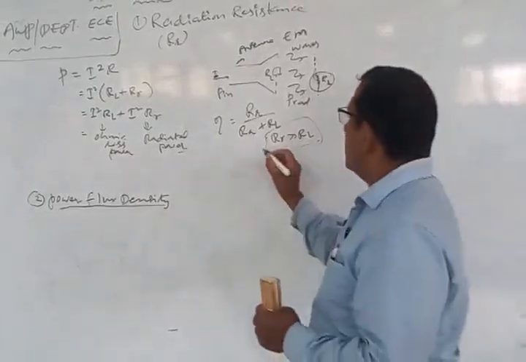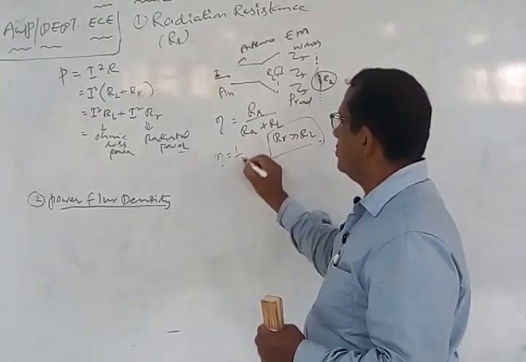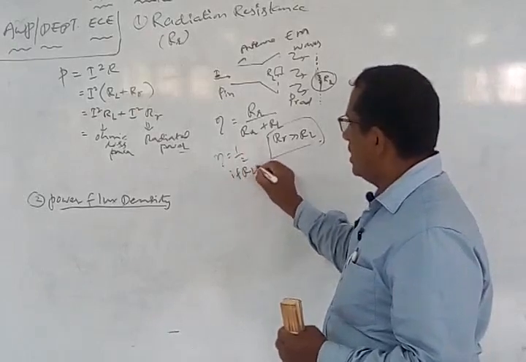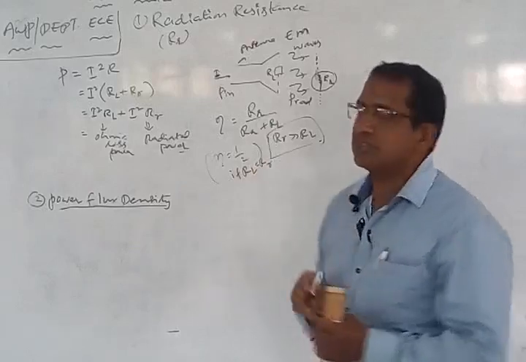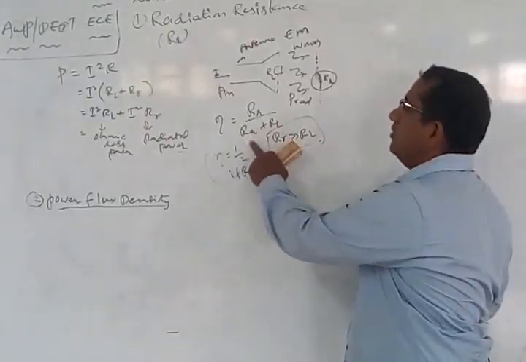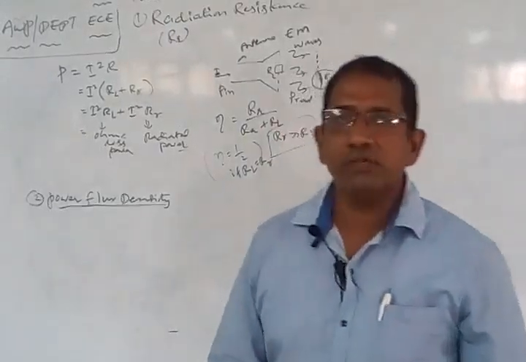Say for example, if RR is equal to RL, what will happen? Efficiency becomes 1 by 2, which means 50% efficiency.